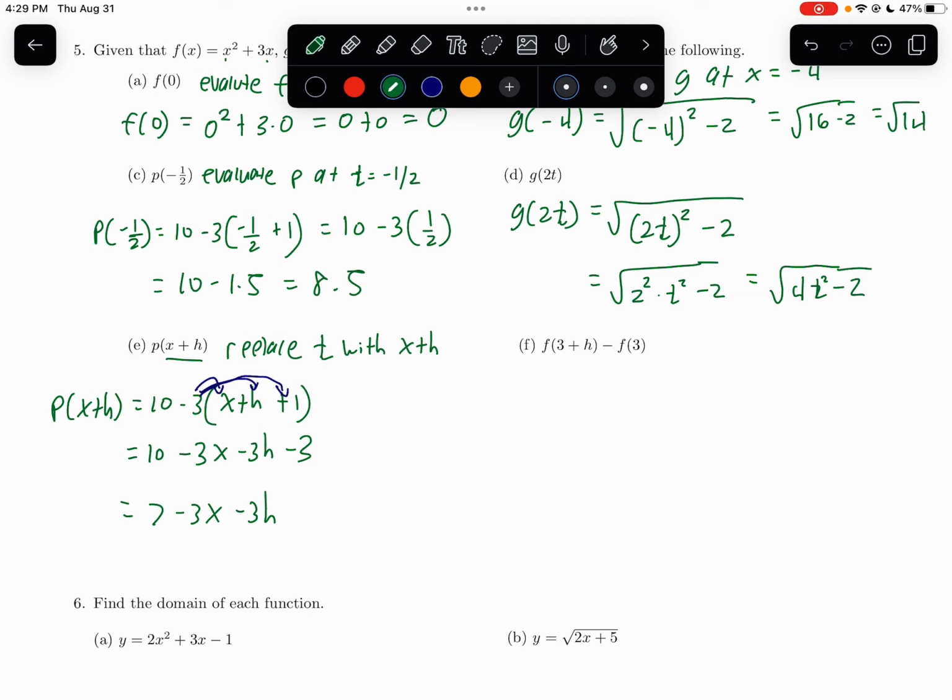And finally, for part F, I'd recommend that you do this in pieces. So here we're evaluating the function twice, and my recommendation is that whenever you do that, you do each one separately.